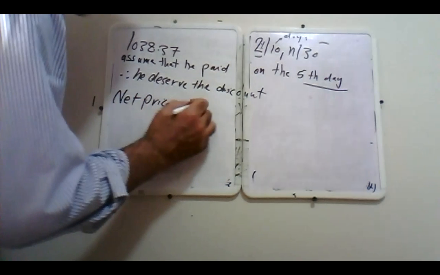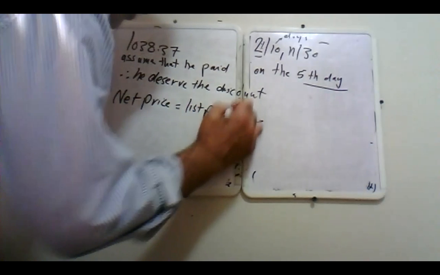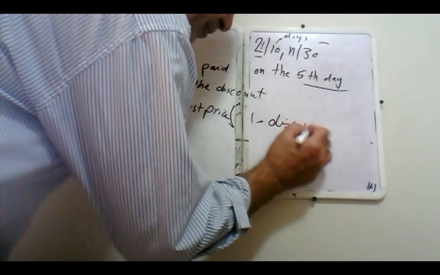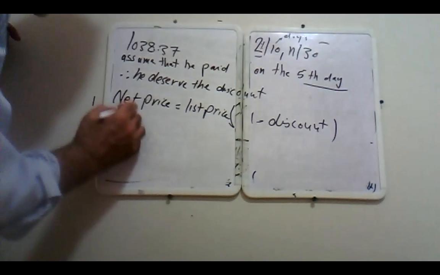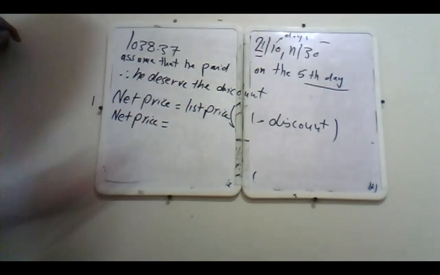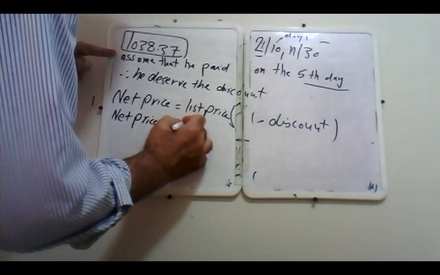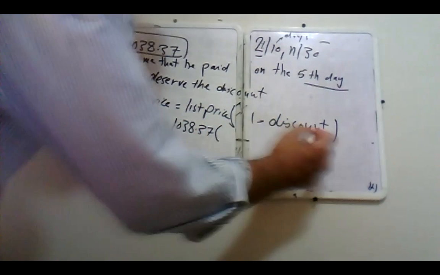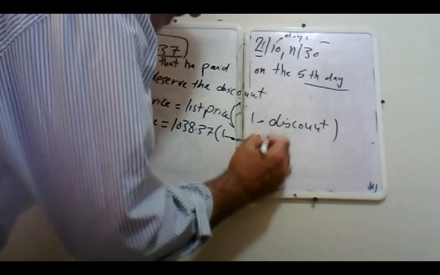equals list price multiplied by 1 minus the discount rate. So if I apply this now, net price means what the buyer will pay, which is the list price, 1038.37 multiplied by 1 minus the discount. 1 minus the discount is 2%.